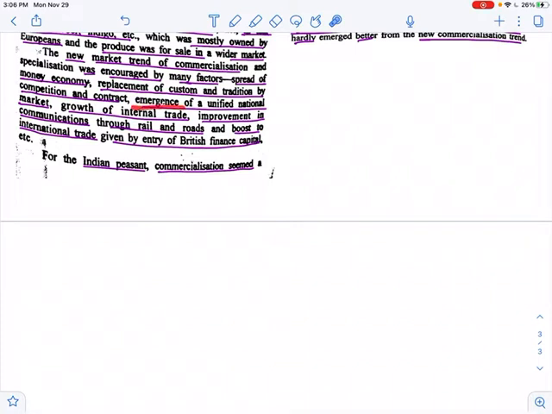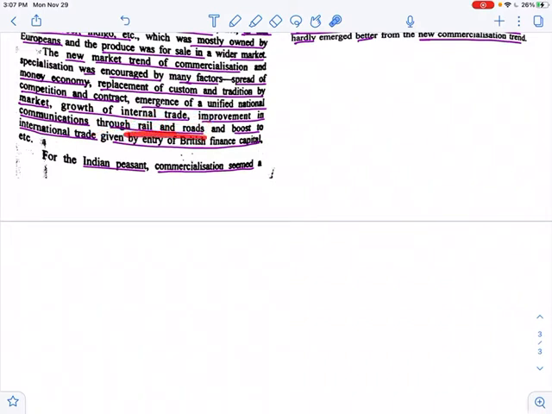And then the third one is the emergence of the national market. There was a unified national market which emerged, as a result of which there was a boost to the internal trade. And the internal trade increased because of the development in communications, because railways and roads were laid.